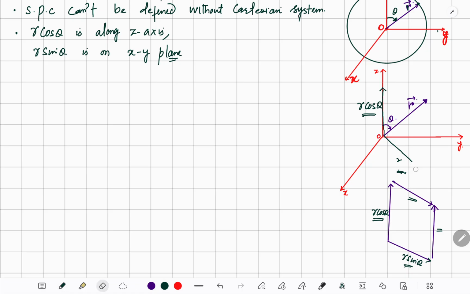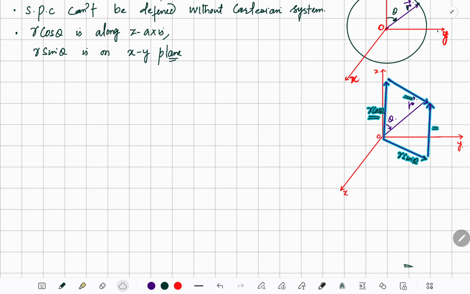Now how much angle does this plane make with the x-axis? That is phi. This one is phi.